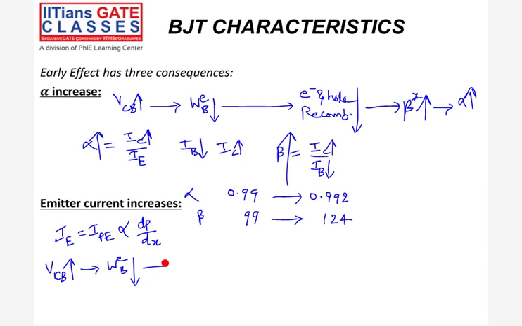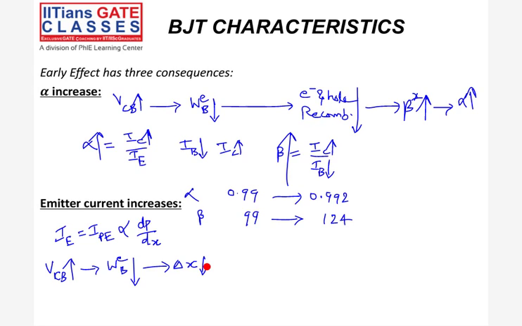Effective base width decreases means delta X decreased. The recombination space, that is decreased.